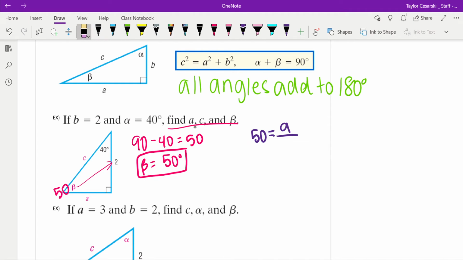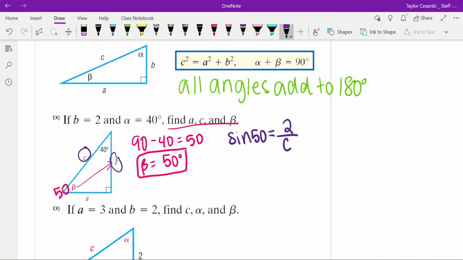That's not going to help me. I want to do sine. Sine of 50 degrees is opposite, which is 2, over the hypotenuse, which is C. If I did cosine, that would give me 2 unknowns, so that wouldn't help me out very much.